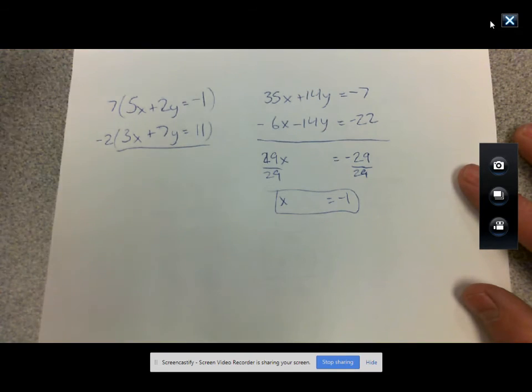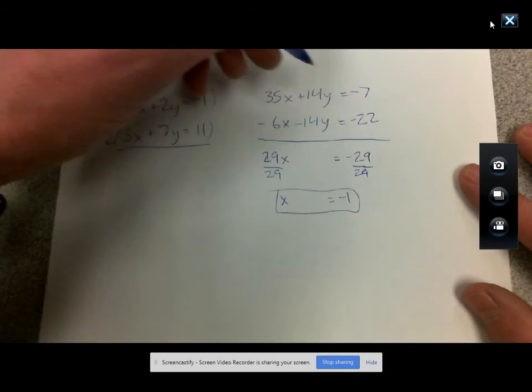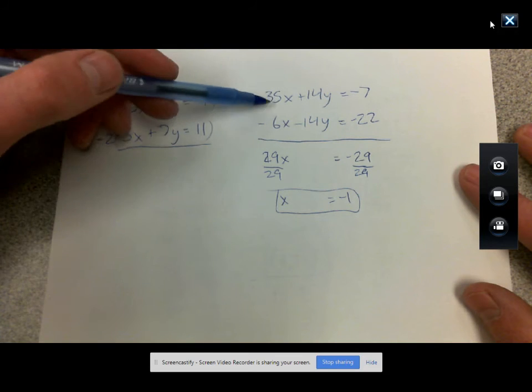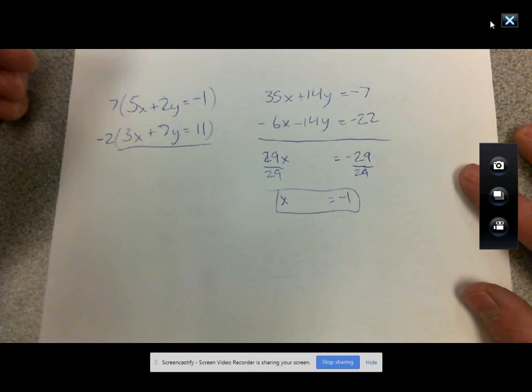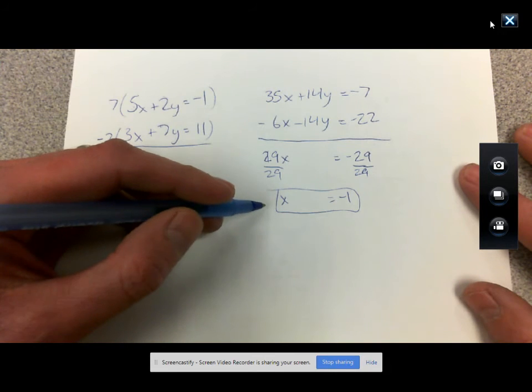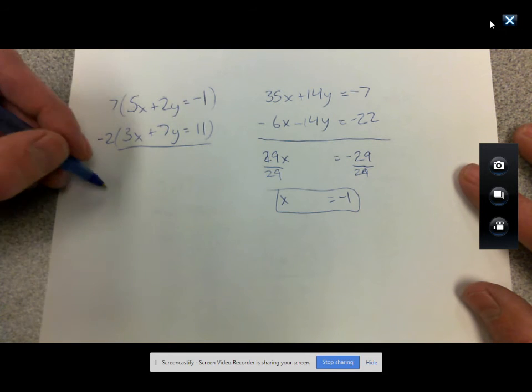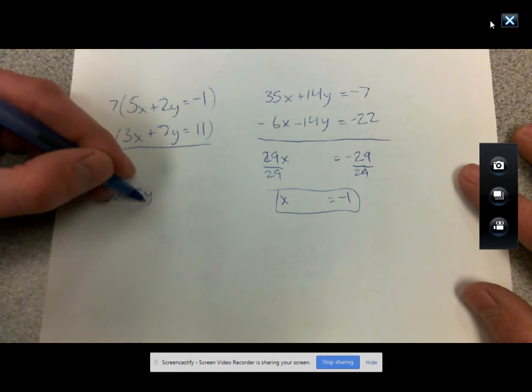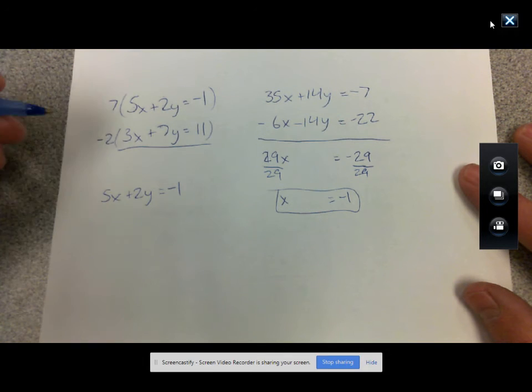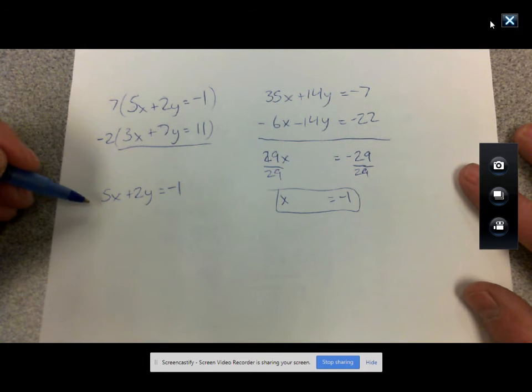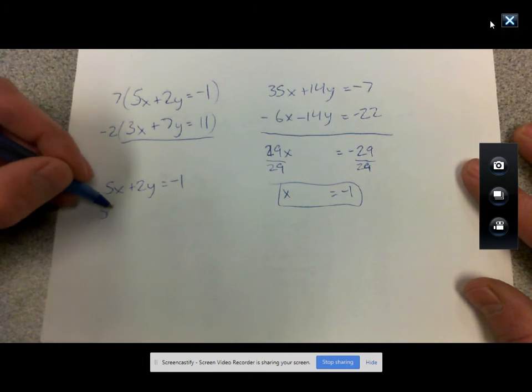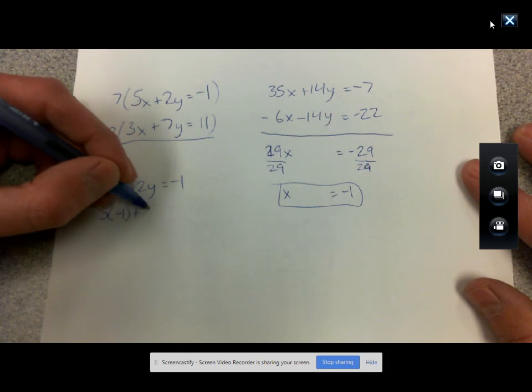We've got x halfway there. Now we need to figure out y. It doesn't really matter what equation I need to use. I've got 4 different equations that all work at the exact same time when x is -1. I'll choose, I guess, the first one. So I'm using this original equation here. I know what x is now. X is -1.